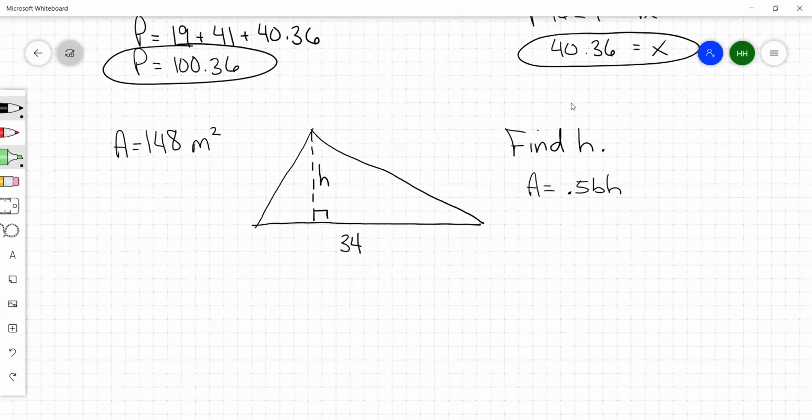And then substitute all the information that's given. You've got the area, you've got the base. So your area is 148 equals 0.5 times your base, which is 34, times your height.